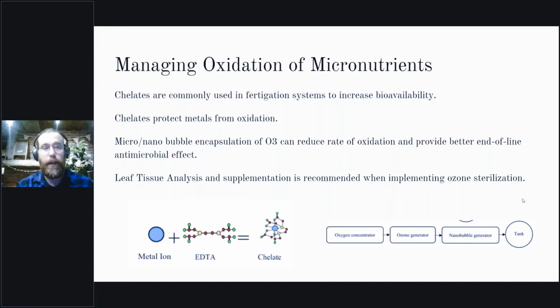It's important to consider conducting leaf tissue analysis to be monitoring what you're actually taking up in your plants when implementing ozone sterilization. So leaf tissue analysis, leachate collection. Some of the challenges with these recirculating systems is there isn't real-time speciating assays to tell you what's in your water chemistry and what form it's in.